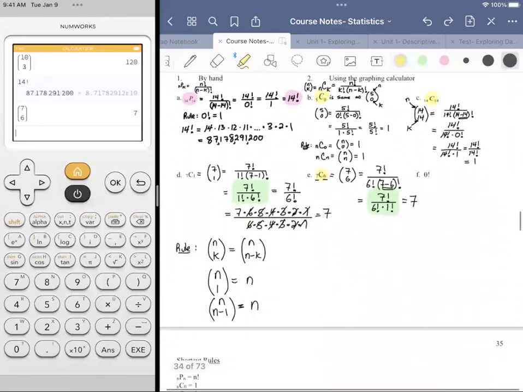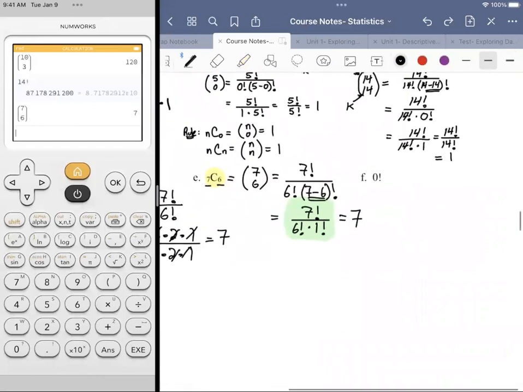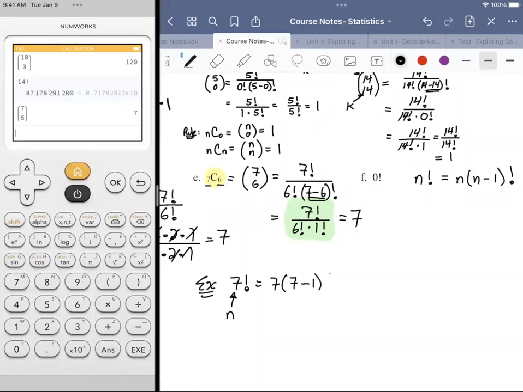Sometimes it feels like it's a silly rule, but it's actually pretty powerful. I can actually justify this rule to you really quickly over here. So for example, if I want 7 factorial, I could write that, because this is my n value, as 7 times 7 minus 1 factorial.